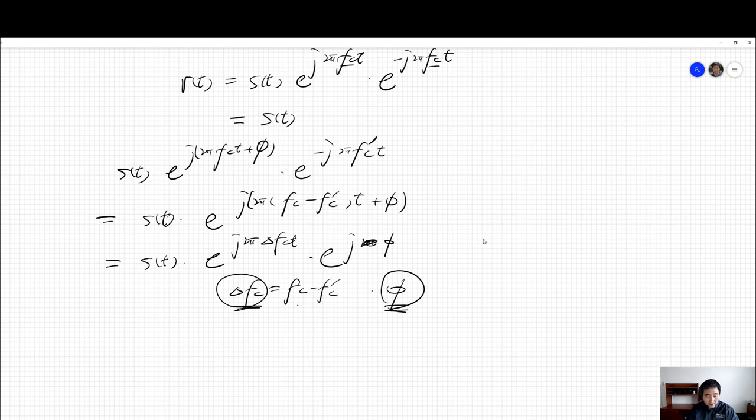In the following examples, in practice, instead of using an exponential, we would like to use a cosine function for upconversion and downconversion, because everything is real.